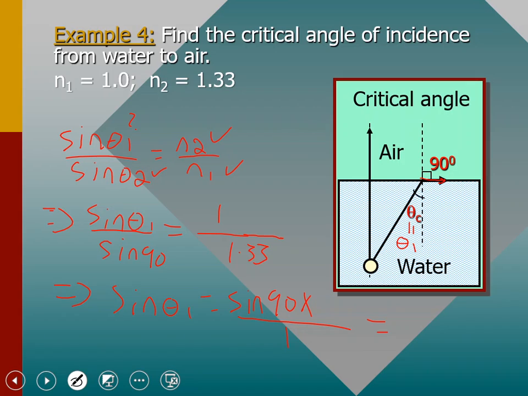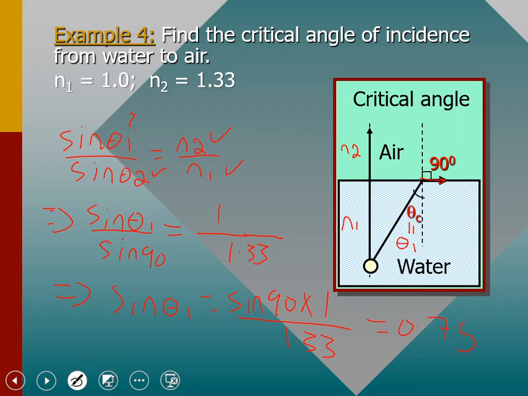Be careful for this step. N1 here is for water and N2 is air, since light is traveling from water to air, so from N1 to N2. So up is 1 and down is 1.33. Also up we have times 1. So sine 90 divided by 1.33, we will get 0.75.